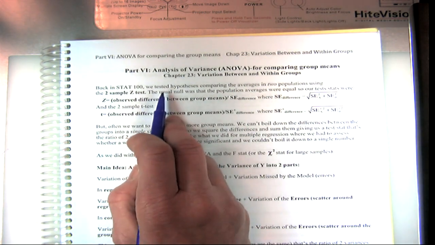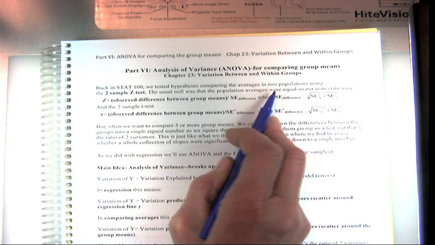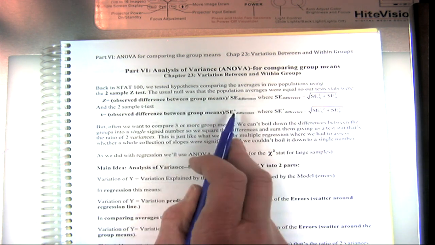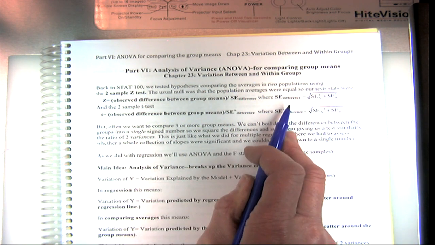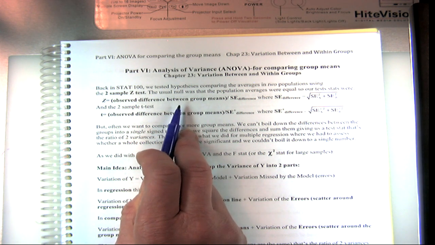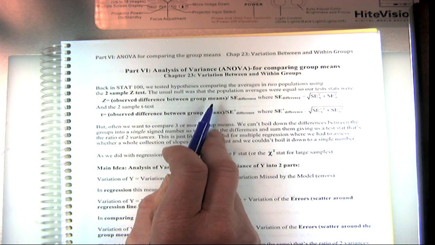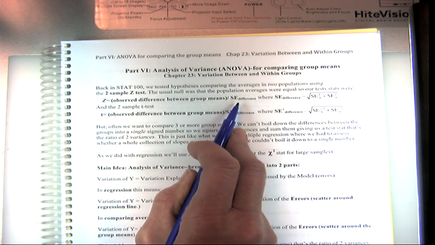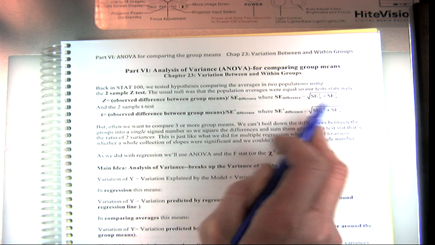Okay, so back in Stat 100, we tested hypotheses comparing the averages of two populations using the two-sample z-test. We said the observed difference, like between male and female exam scores, minus the expected under the null of 0, that there's no difference, divided by the standard error, and this is the way we combined the standard errors from, let's say, the boys and the girls.